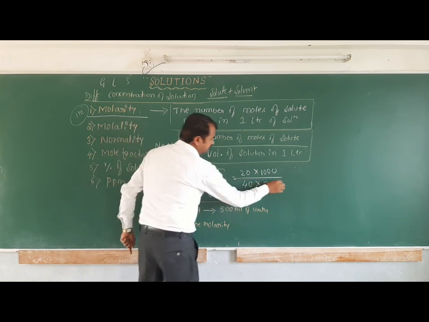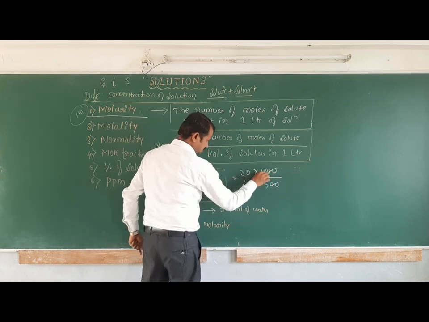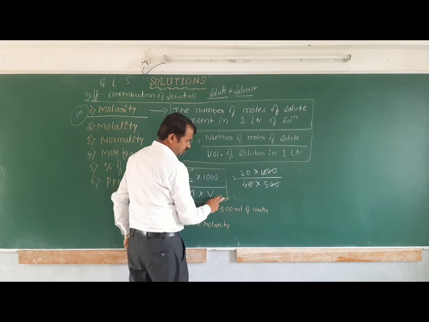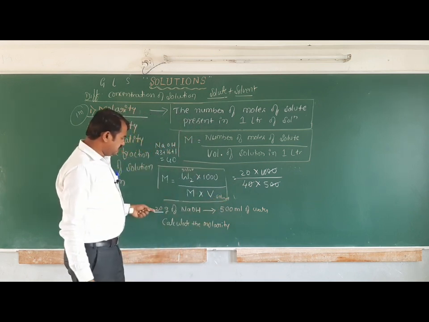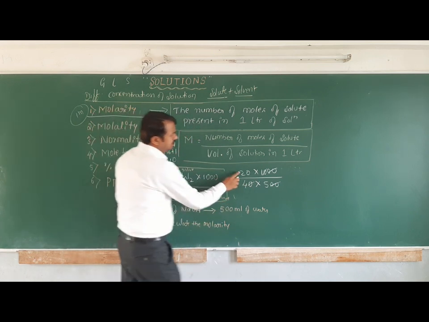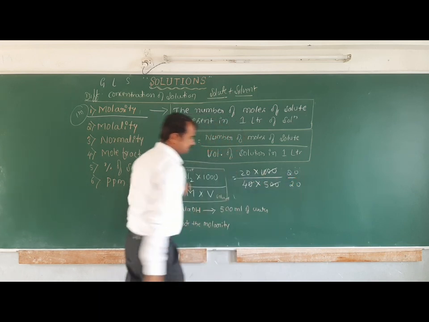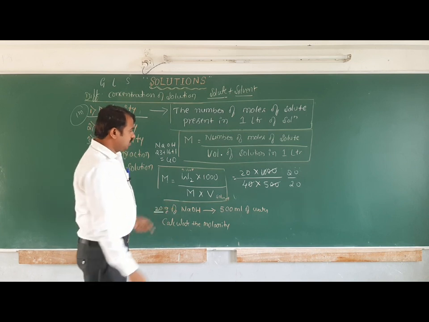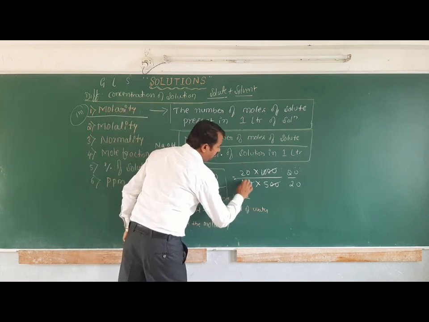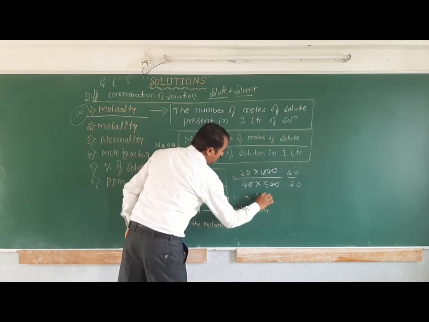If we go for it, 20 divided by 20 means we have to write the molarity value as 1 molar.